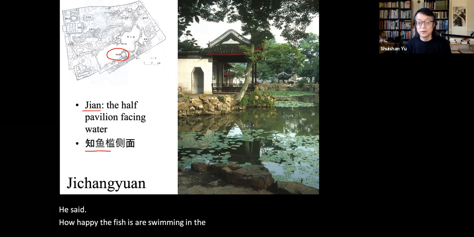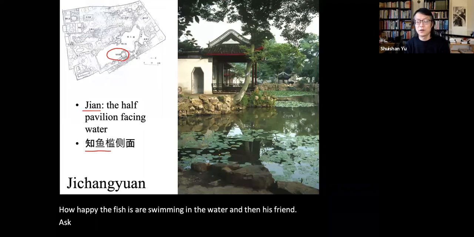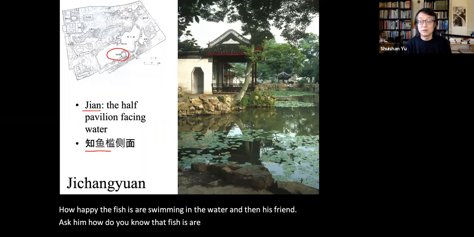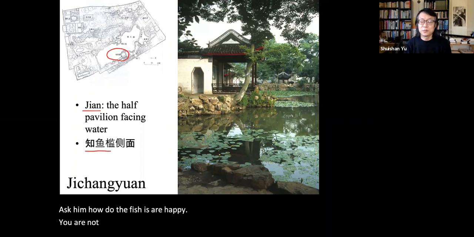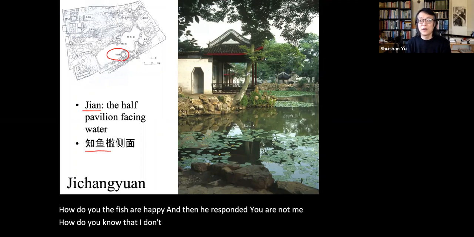And then his friend asked him, how do you know the fishes are happy? You are not a fish. How do you know the fishes are happy? And then he responded, you are not me. How do you know that I don't know the fishes are happy?